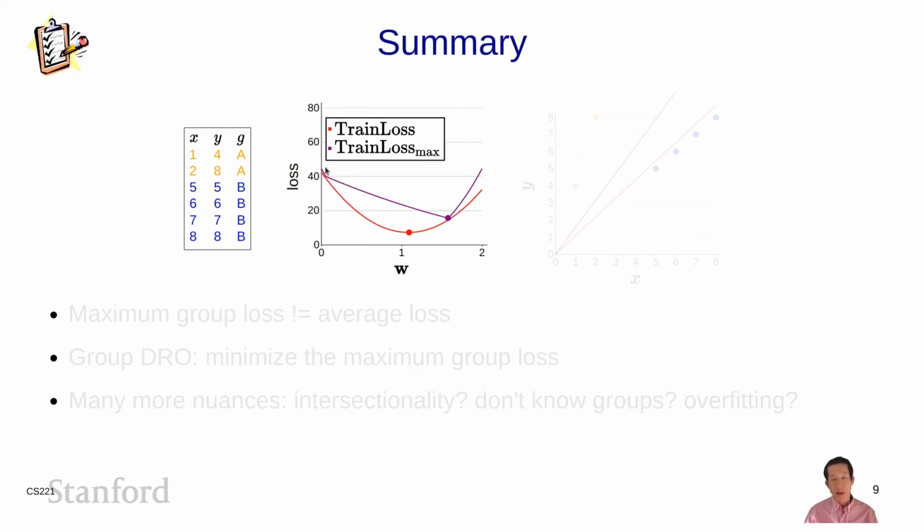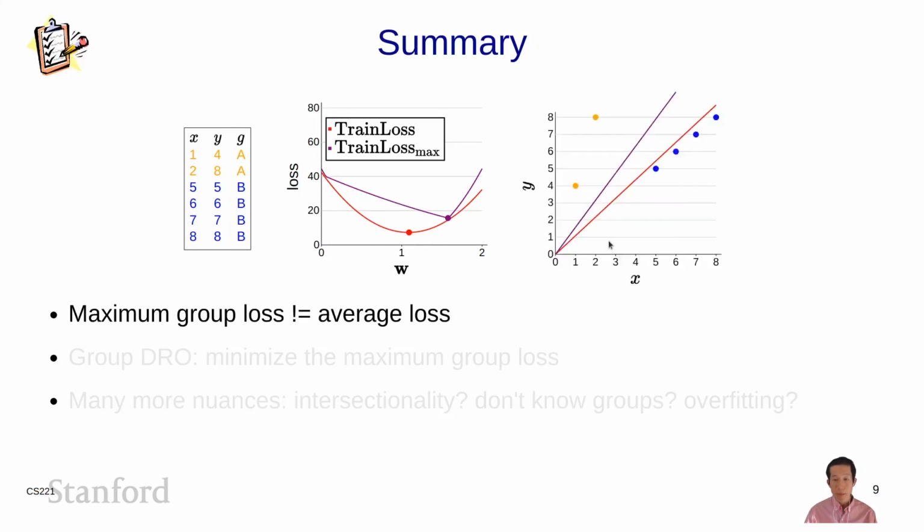What is good on average is not going to be good for all groups. And we see that there's always a tension between the groups if they are pulling you in different directions. And we saw that group distributionally robust optimization, or group DRO, is a very simple algorithm that minimizes the maximum group loss, the purple curve over here.